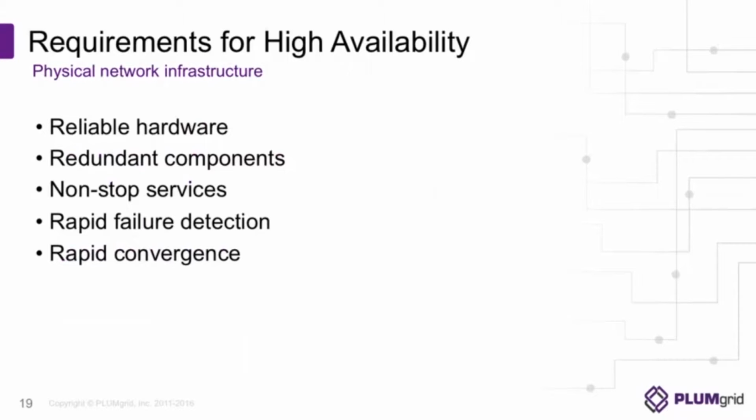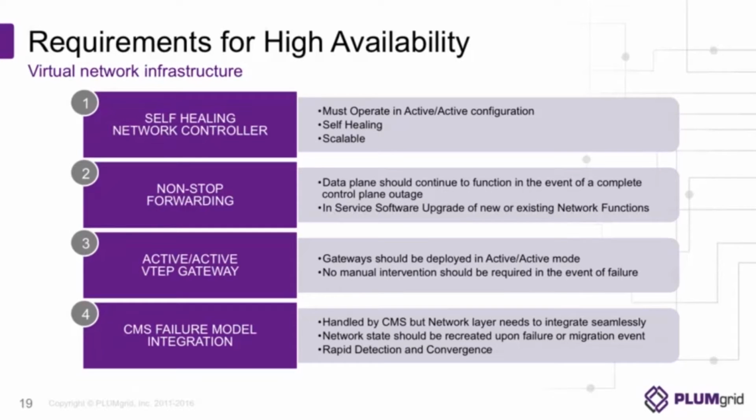If something goes wrong, you would know immediately, and you would also have rapid convergence. I'm probably just repeating something that has been known for quite a while. Now, what is important for us is what we require for the same thing in the virtual network world. In virtual networking, you would need to have a self-healing network controller.